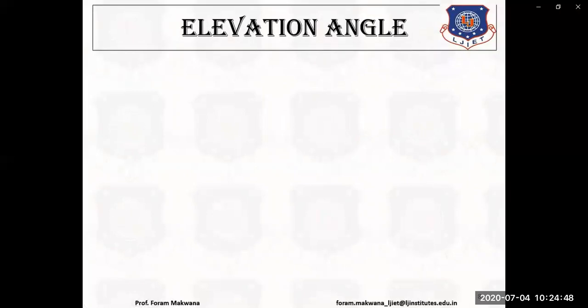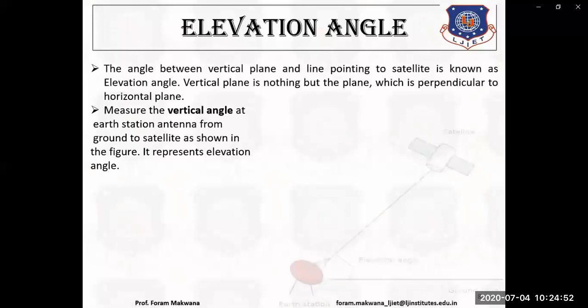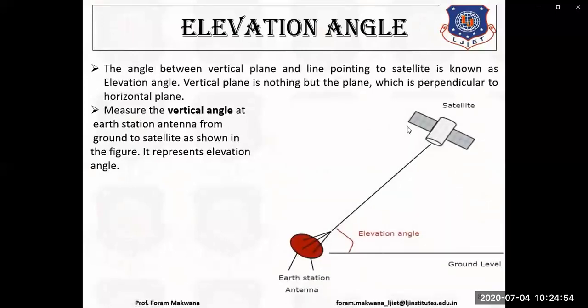And the second one is elevation angle. The elevation angle is the angle between the vertical plane and the line pointing to the satellite. So this is the ground level and this is the line pointing to the satellite.